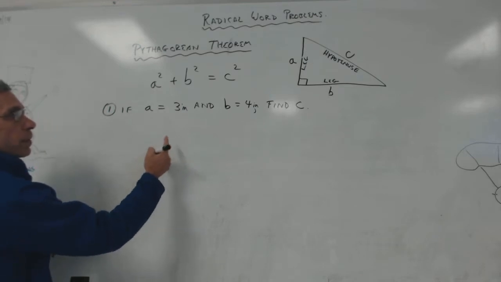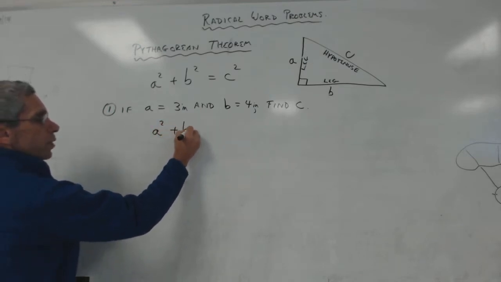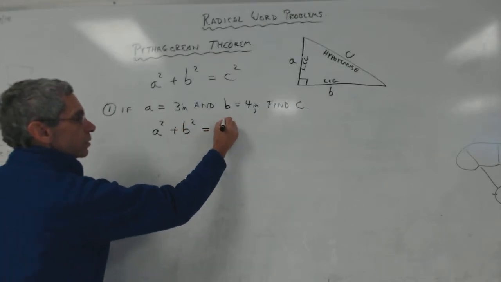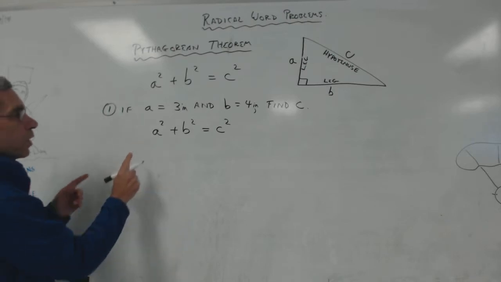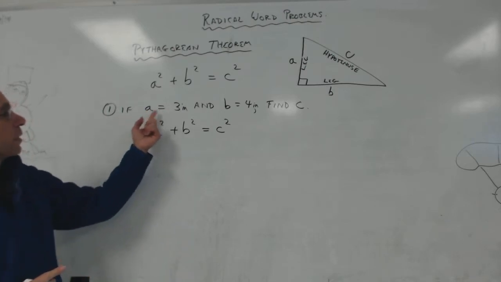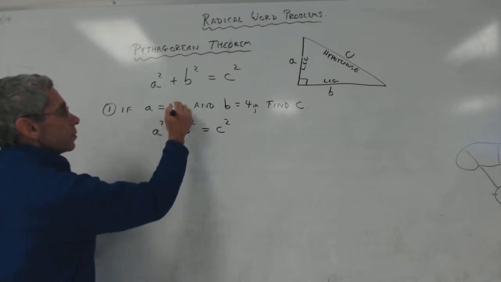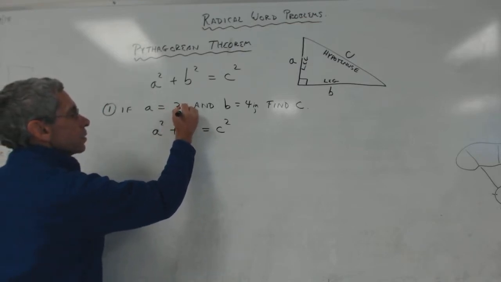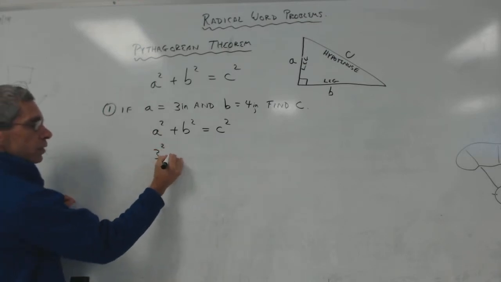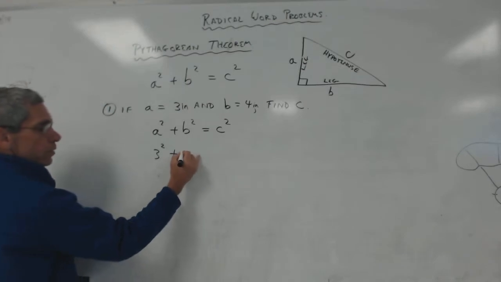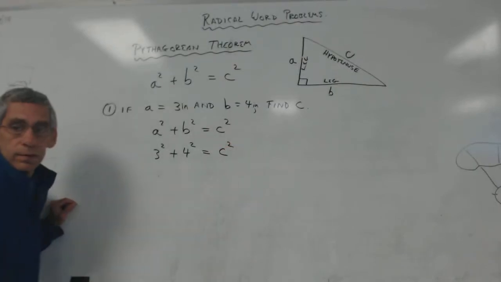So what would I do? I would rewrite my formula, a squared plus b squared equals c squared. And then I would plug in what I know. a is 3 inches, so I'll write 3 squared, plus b is 4 inches, so I'll write 4 squared, equals c squared.